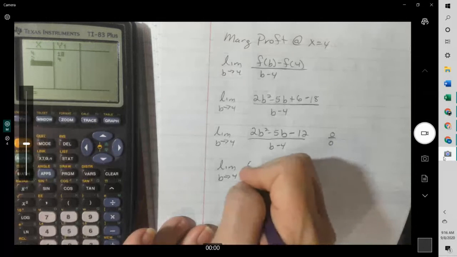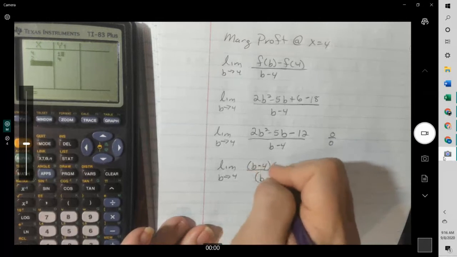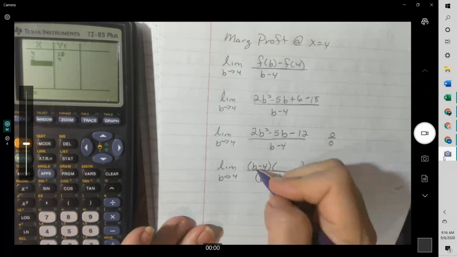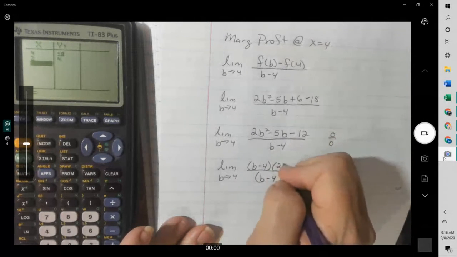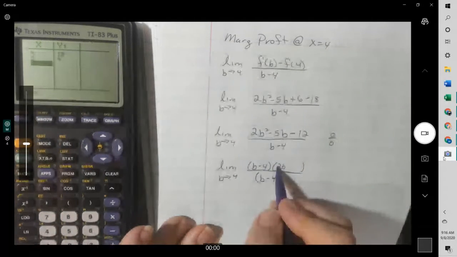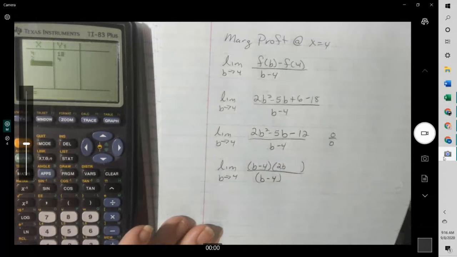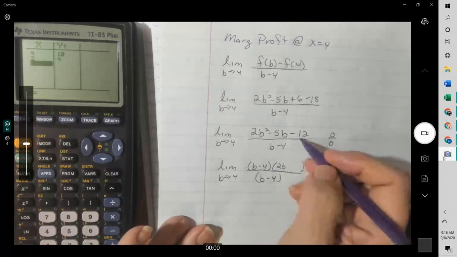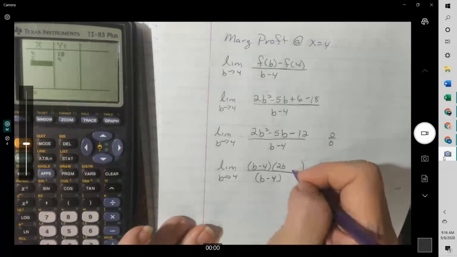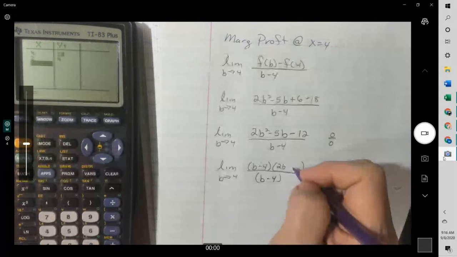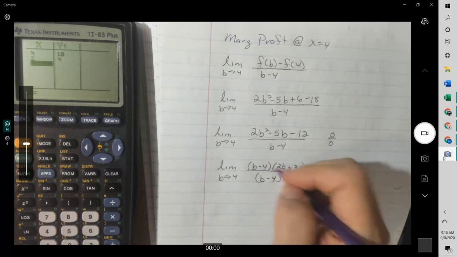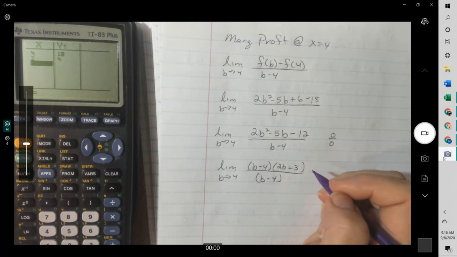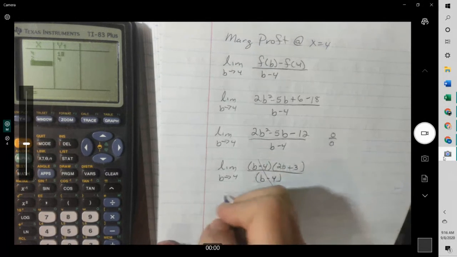Because of that, we know this will factor into b minus 4 times something. b times what gives 2b squared? Well, 2b. Then negative 4 times what will give me a negative 12? That would be positive 3. Negative 4 times 3 is negative 12. So these cancel.